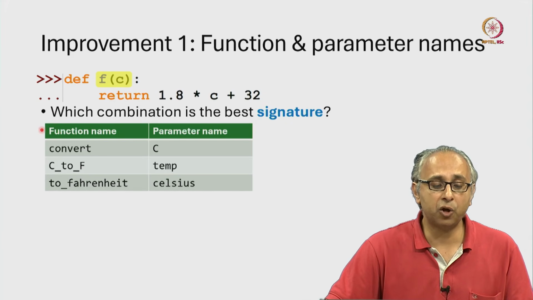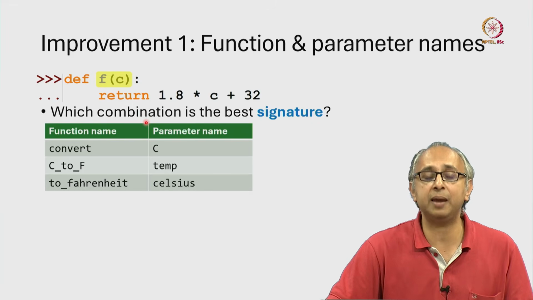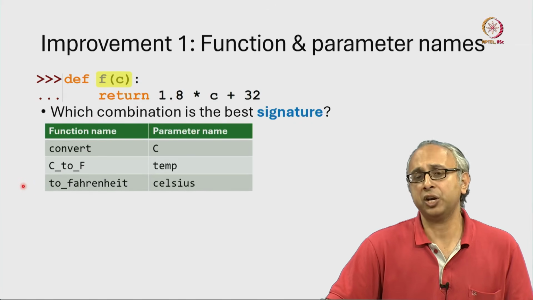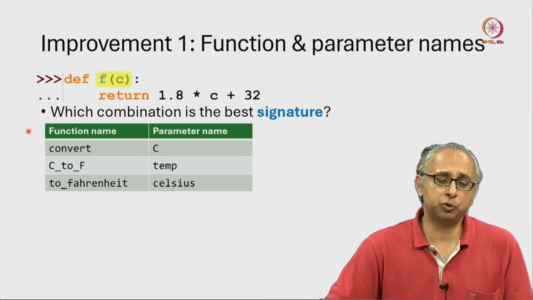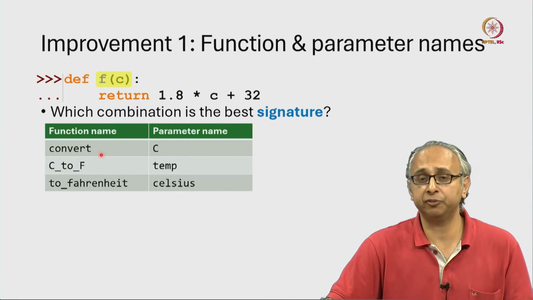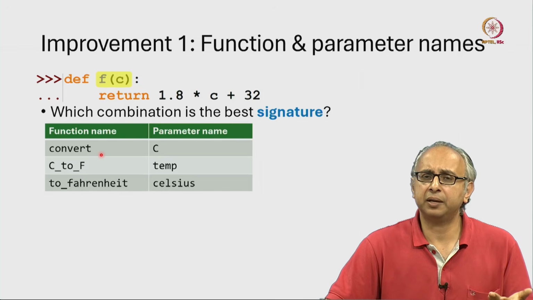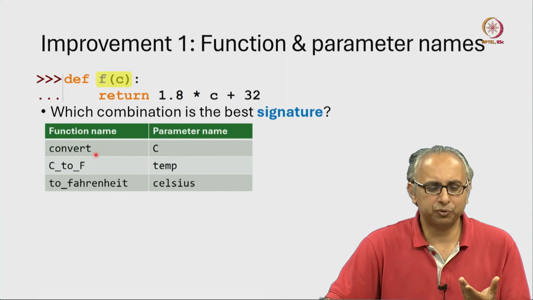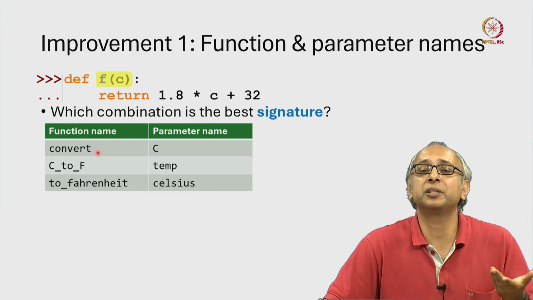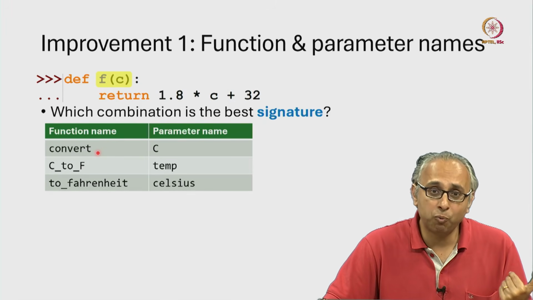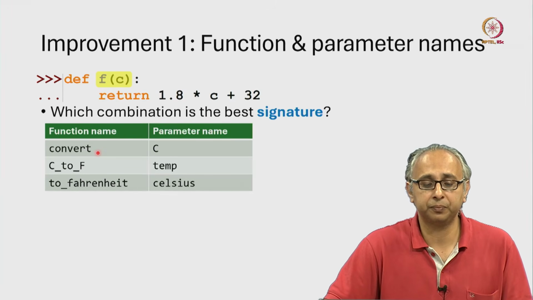Let's focus first on the name of the function and the name of the single parameter that we have. Here are some suggestions. Perhaps we should call this function not f but convert. That seems like a better name because this is converting something. But of course this name doesn't tell us what is being converted, from what to what.